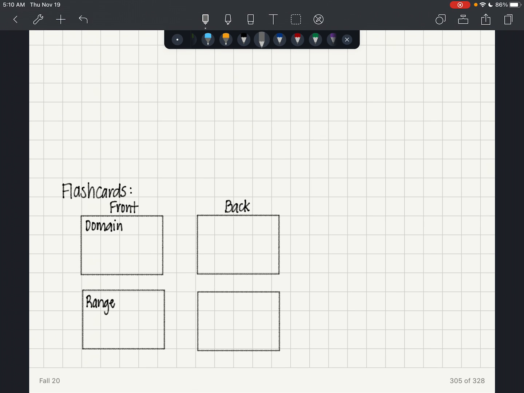So here we have some flashcards. Y equals the inverse tangent of x is what I would put on the front with the word domain. And that's negative infinity to positive infinity. And then the range for y equals the inverse tangent of x is negative pi over 2 to pi over 2 with parentheses.